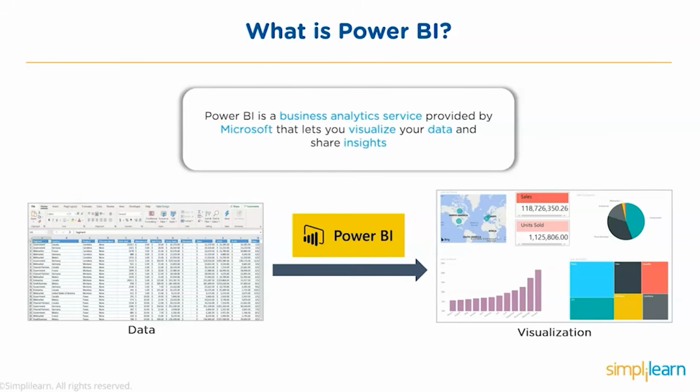Then you can create pie charts, which is shown in this visualization. You can create tree maps. You can create cards where you can highlight the most important numbers like total sales of your company across all the regions, or the growth chart, or the month on month sales of your organization, or total number of products or units sold.